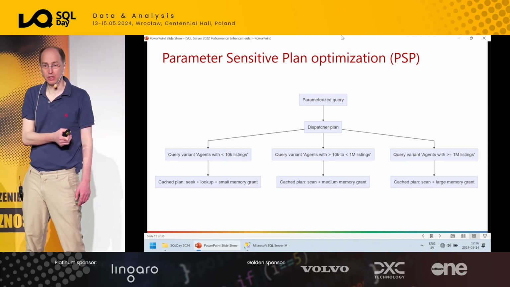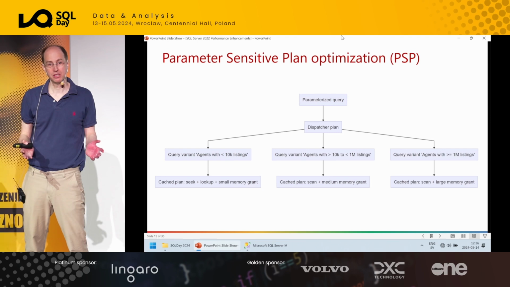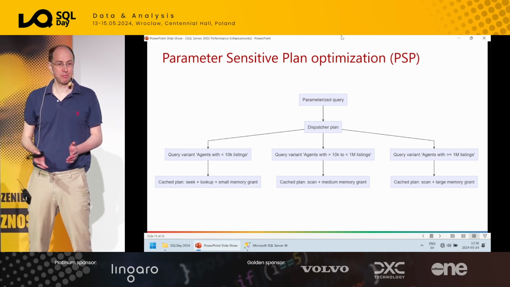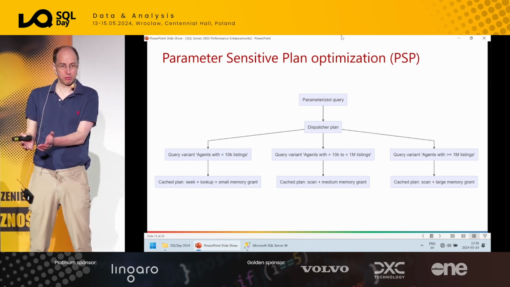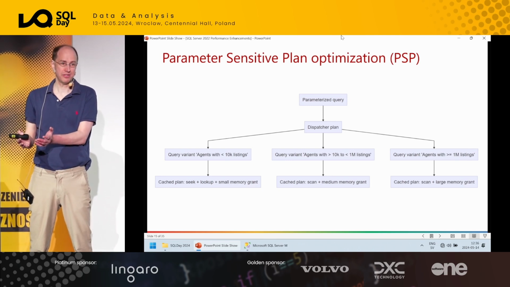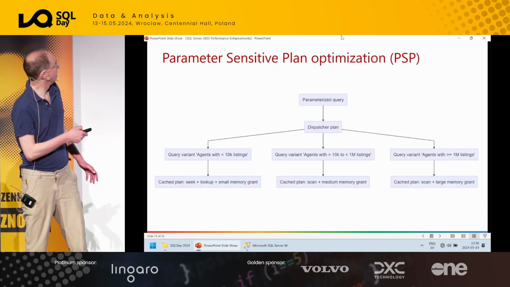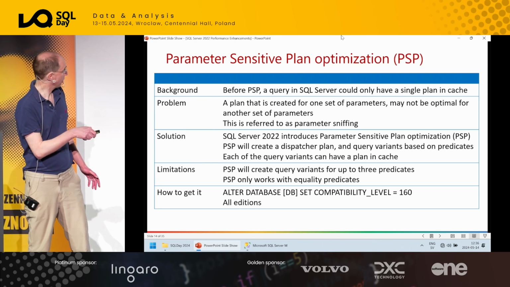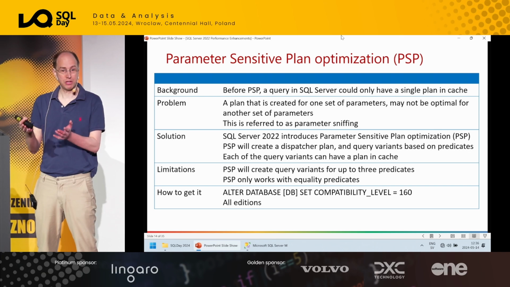And they can do it in total for 3 predicates. If you have more predicates, more parameters, then they will only pick 3 of them, where I think that is the most problematic, where this feature could be the most beneficial. Right? There are some limitations. It only works for equality, not greater than or smaller than. Only for equality.